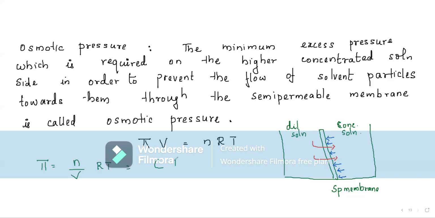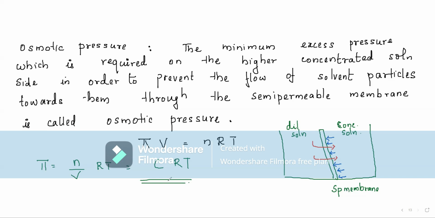We can write the above relation as π = CRT, where C is the concentration of the solution, number of moles present in a particular volume. Here certain conditions are there. V has to be in liters and T is in Kelvin. R is the universal gas constant, so the correct value of R is to be taken.